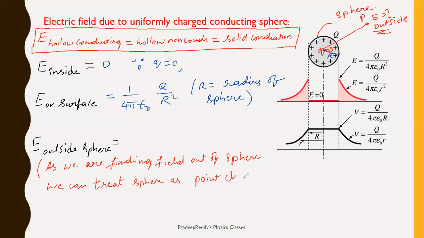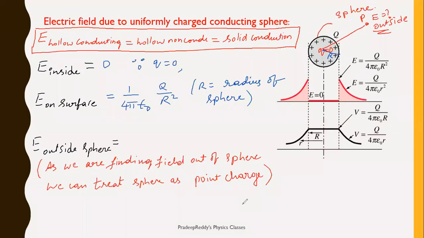For example, you are observing the moon from the earth's surface. Clearly the moon appears as a very small point from earth. Therefore, even though the moon's radius is very large, when you are observing it from outside, you can treat it as a point. That is the concept which we are using here.